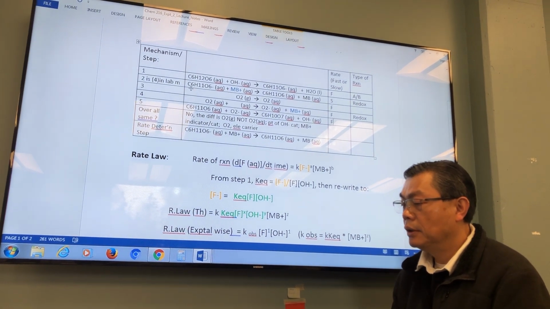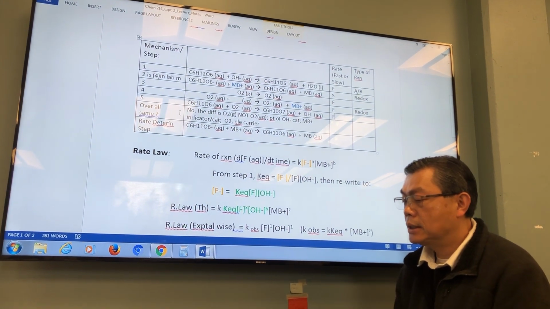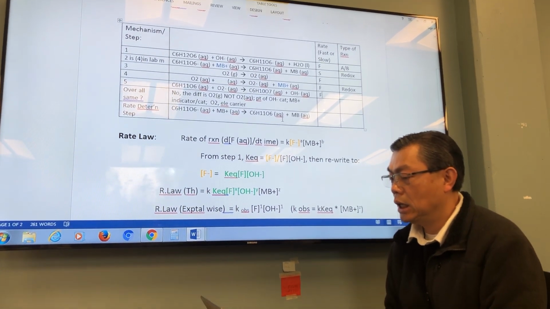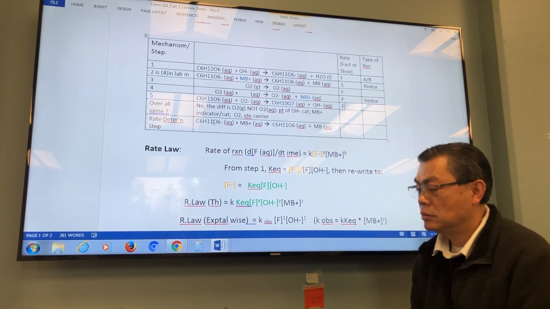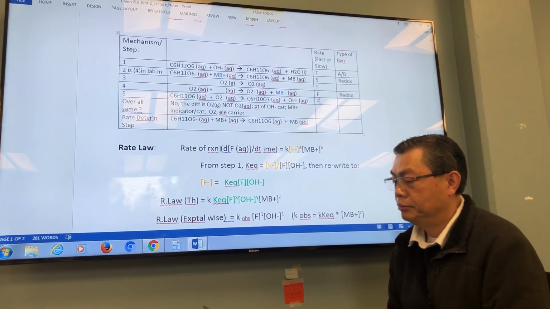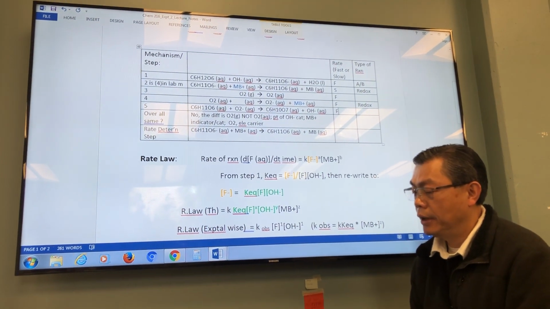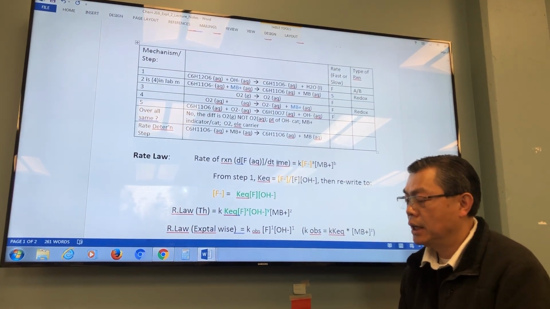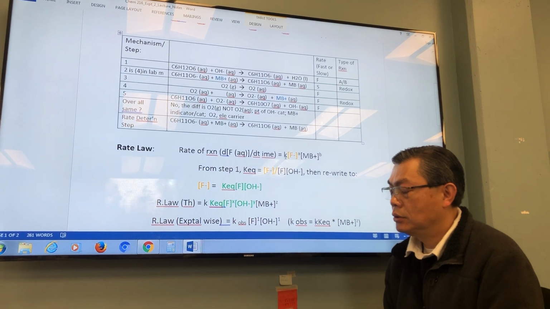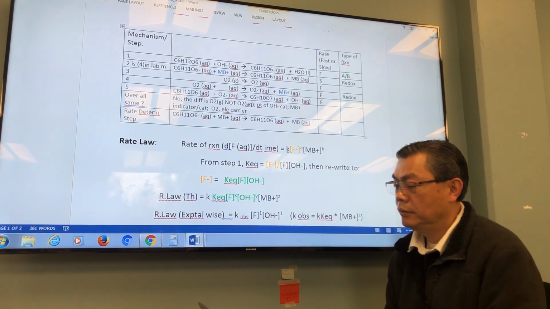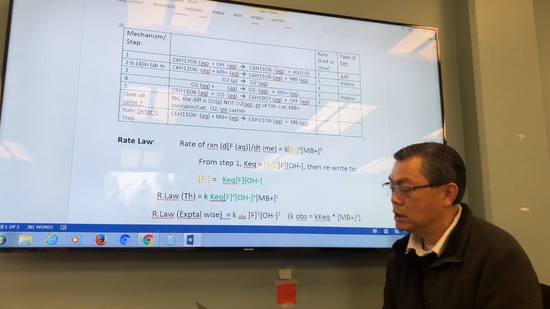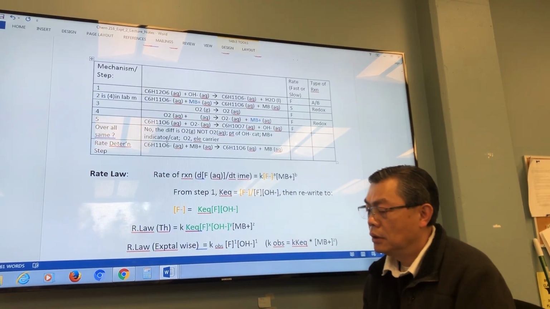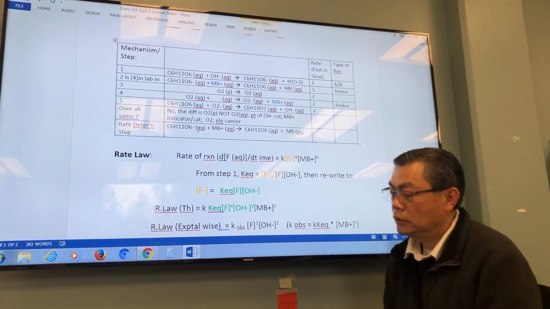So one more time, the rate determining step would be step 2. I'll be copying over here. Now, what's the rate law? So the rate of the reaction would be change of photo over change of time equal to K. Remember, it's always a rate constant. And then to your reactant.